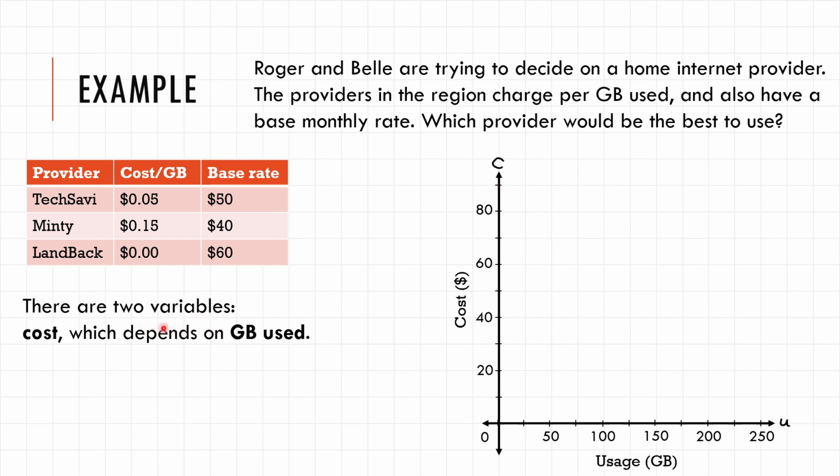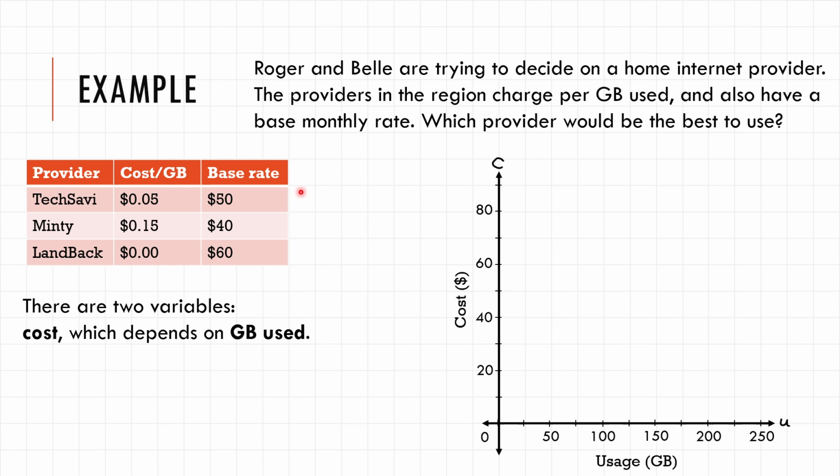It's the dependent variable. It's the variable that depends on the other one. This one is independent. I control how much I go on the internet. I don't control the cost. However, if I control my usage, that will affect the cost. So I can control the cost indirectly. In other words, usage is my independent variable and cost is my dependent one.